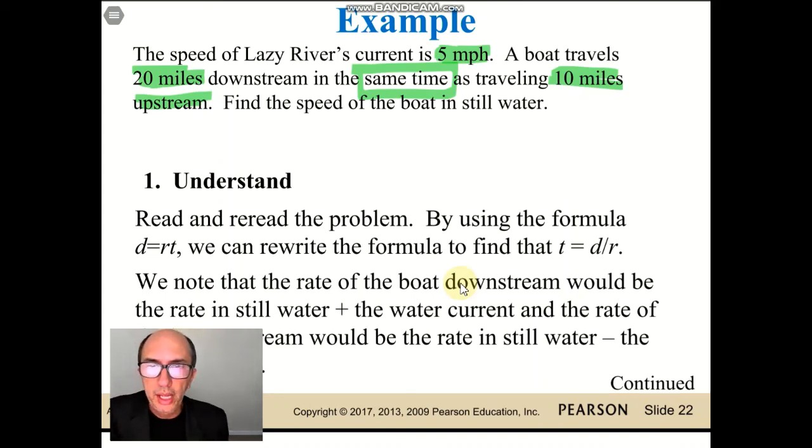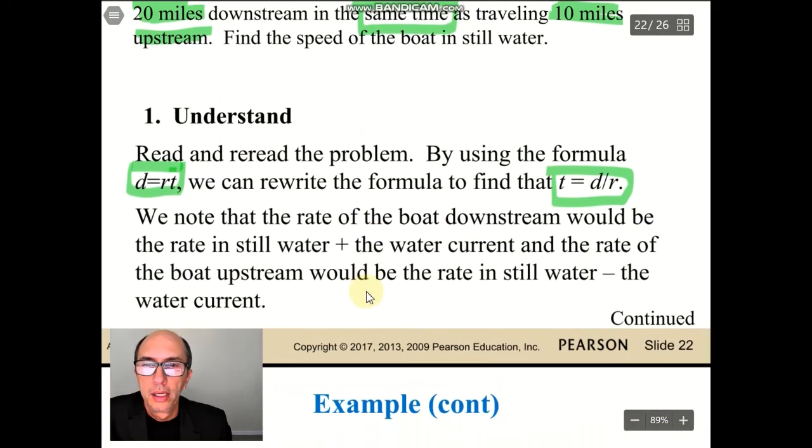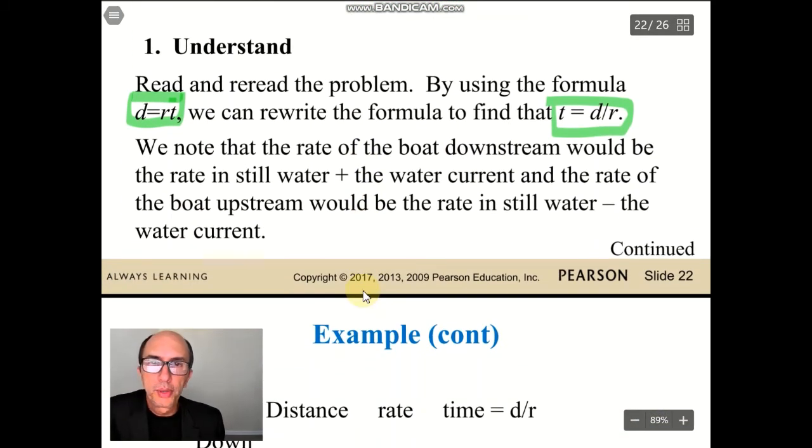Understand? Read and reread. We can use the formula distance equals rate times time, and then we can rewrite the formula to find time like this: time equals distance over rate. We note that the rate of the boat downstream would be the rate in still water plus the water current, right? Downstream the water current is helping, and the rate of the boat upstream would be the rate in still water minus the water current, because the water current now is holding back the boat.